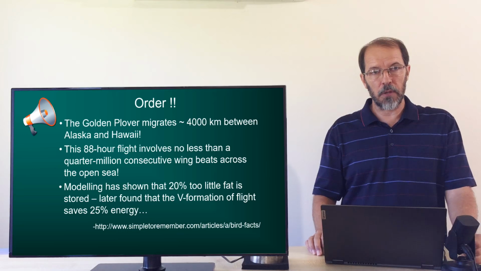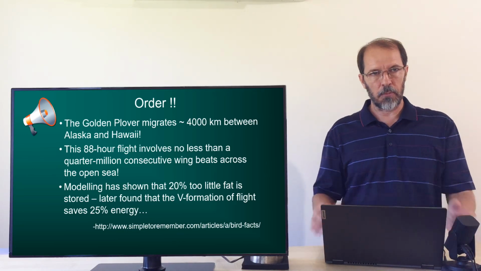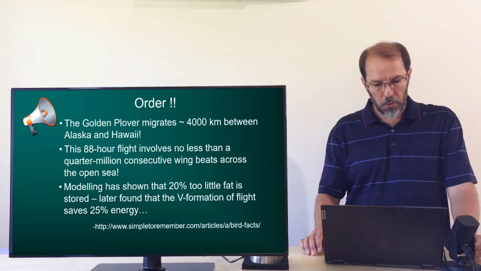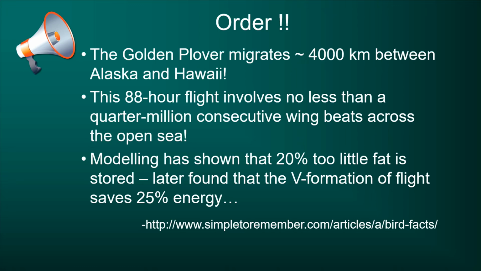So at first they thought our model is wrong, and yes, there was a mistake in the model because they did not include the V formation of flight that the birds take when they fly, and that saves almost 25% energy. And when they incorporated that into their model, all of a sudden the weight of the birds and the fat being stored matched the distance that they had to fly over the open sea.